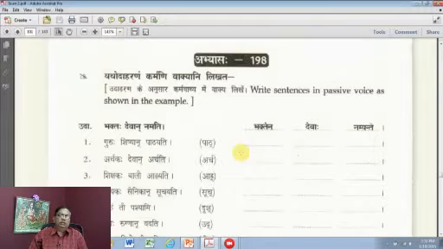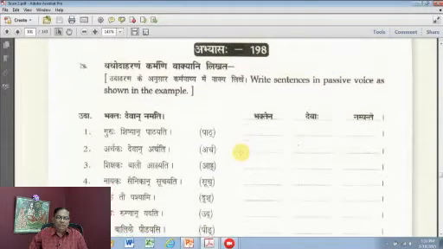Kim pathayati Guruh? Shishyan pathayati. In the Karmani Prayoga, Guruh goes to Guruna, and shishyah becomes Prathama Bahuvachana, and therefore shishyah pathyante. Students are taught by the teacher. Teacher teaches the student in the active sense. In the passive, students are taught by the teacher. Guruna shishyah pathyante. Very good.